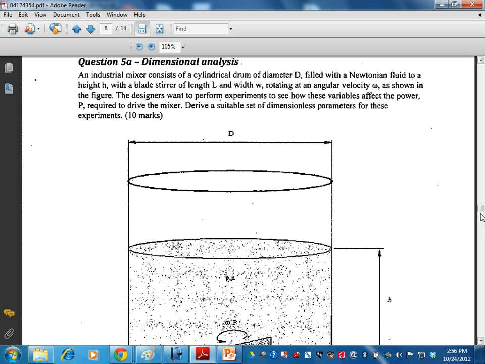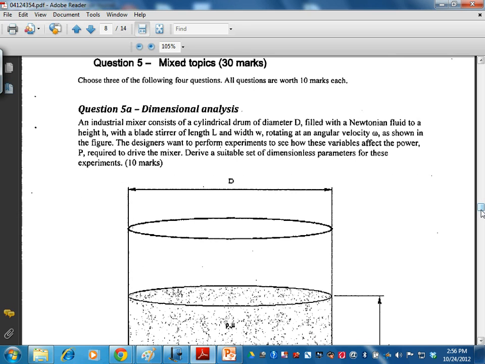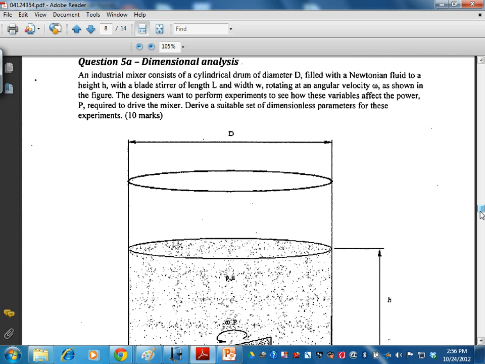Okay. And do question 5a. This here also not bad, huh? Let you choose also. Or the 4 questions, choose 3. Okay, let's try. Not bad.